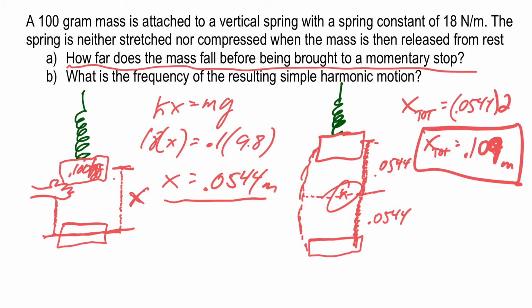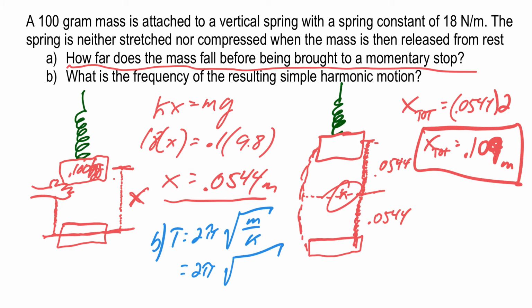Now the frequency should be pretty easy. We'll use our good old T equals 2 pi square root of m over k. We substitute in: 2 pi square root of mass 0.1 divided by k of 18. That gets us our period, but remember, period is equal to 1 over frequency.